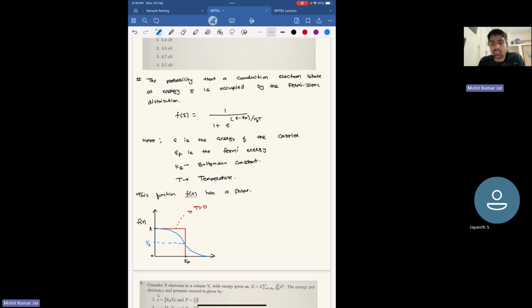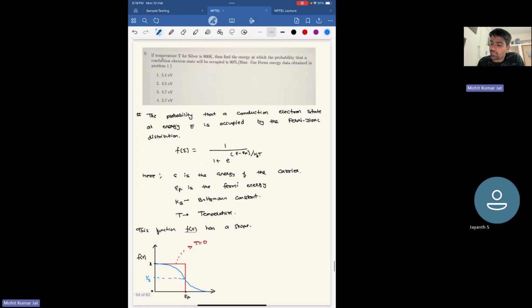And now what the question is asking is that the temperature is 800 Kelvin, that is a finite temperature, T not equal to 0. In this regime we are on the blue curve. Then find the energy at which the probability that a conduction electron state will be occupied is 90%.